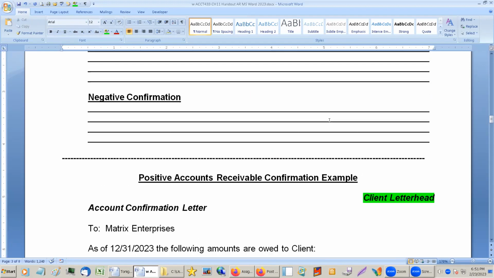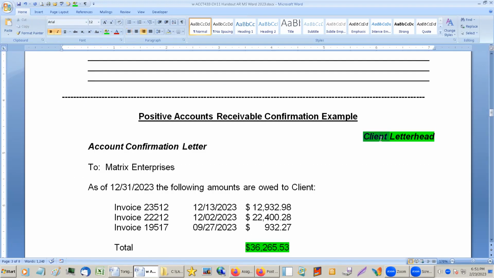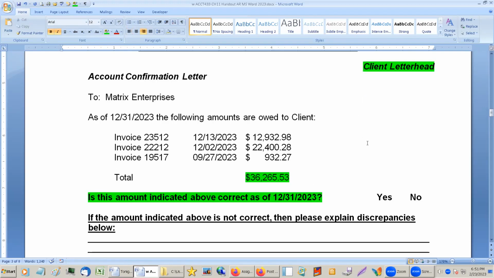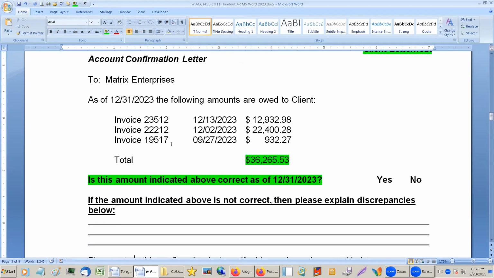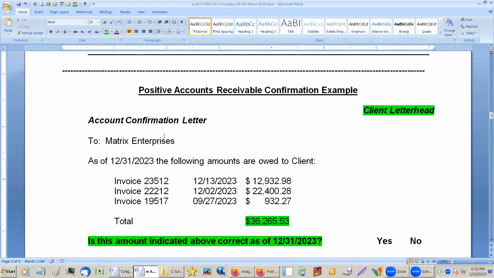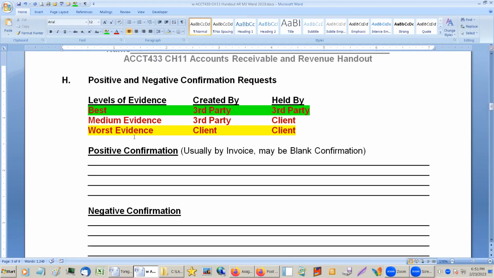So for instance, let's say this is IBM, we put it on IBM letterhead, because if we send this out and it doesn't say IBM, they're not going to know what we're talking about. But when it's returned directly to us, the client doesn't get a hold of it.